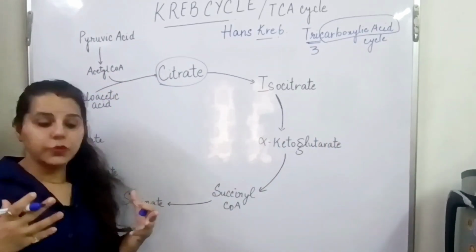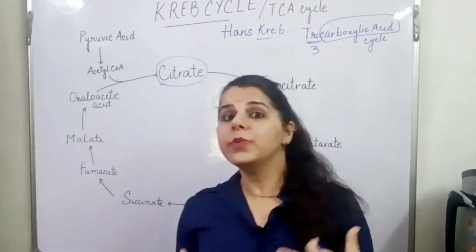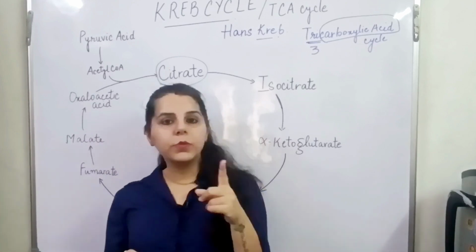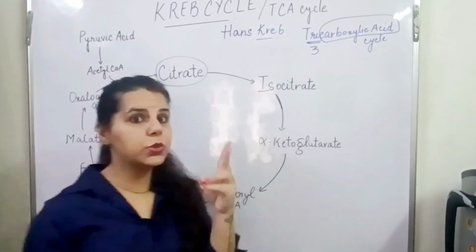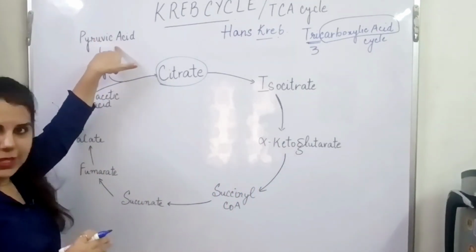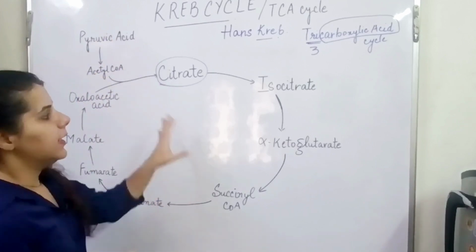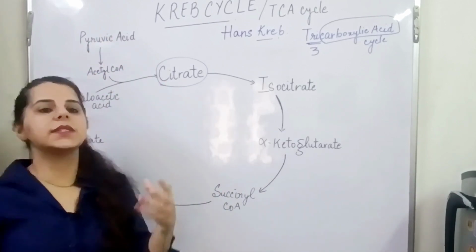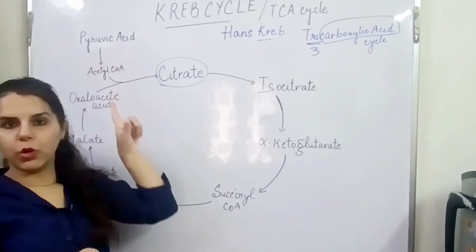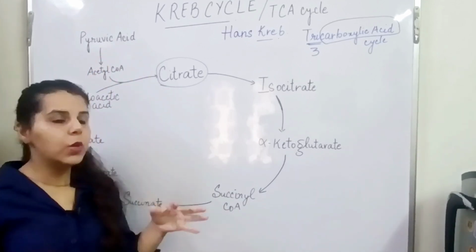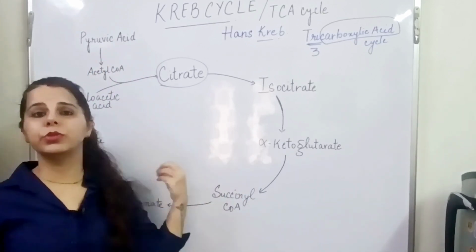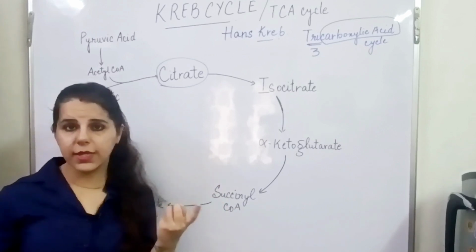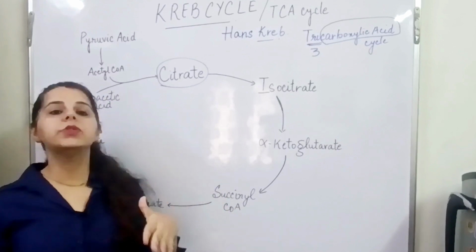Now we'll start from glycolysis. What happens in glycolysis? From one molecule of glucose, we get 2 molecules of pyruvic acid. But here, when we are studying the Krebs cycle, I am going to discuss one pyruvic acid molecule first. And then, whatever energy is produced from this one pyruvic acid molecule, we are going to double it.